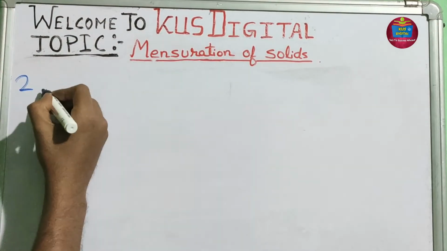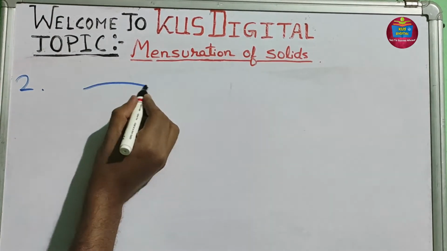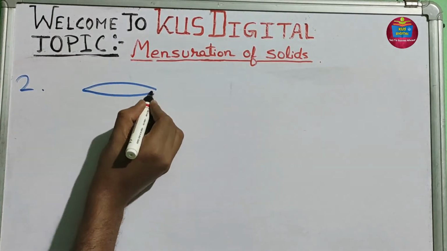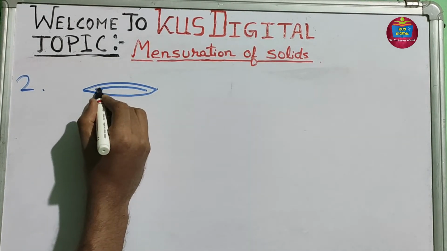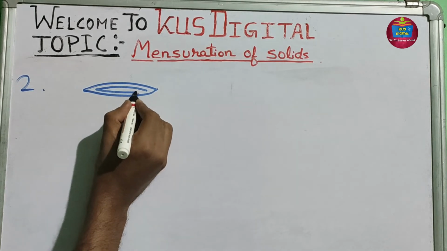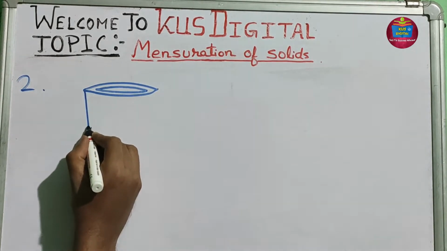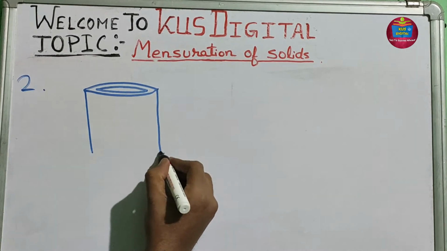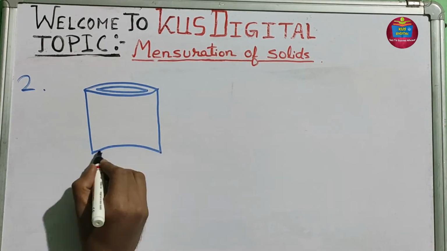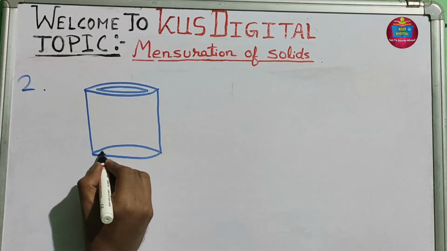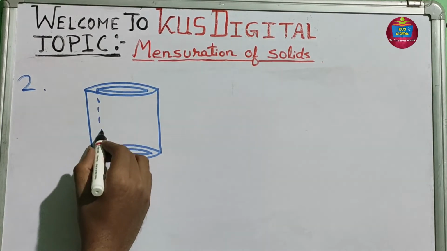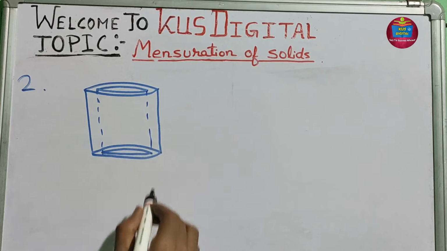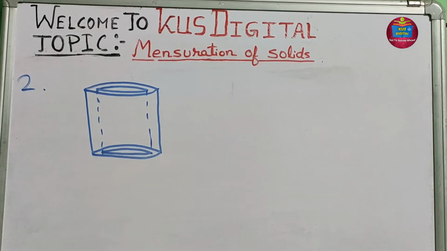So number 2, so that's a hollow cylinder.